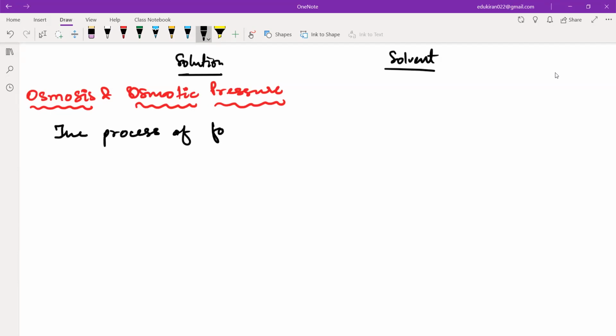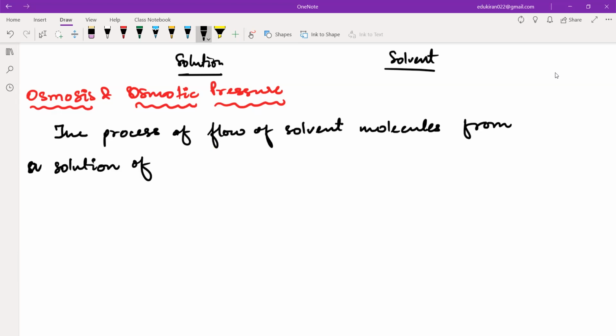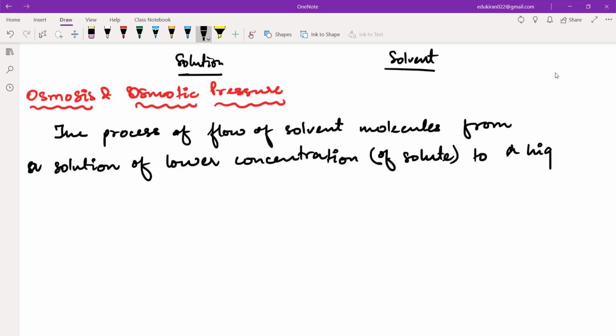The process of flow of solvent molecules from a solution of lower concentration of solute to a solution of higher concentration.